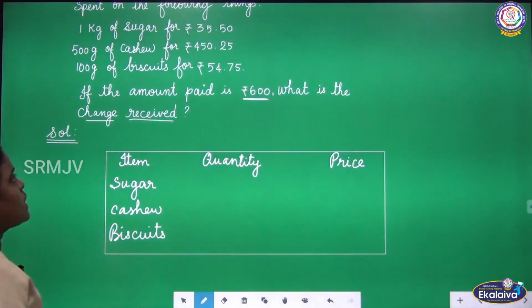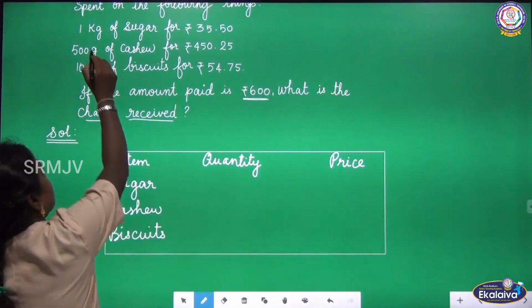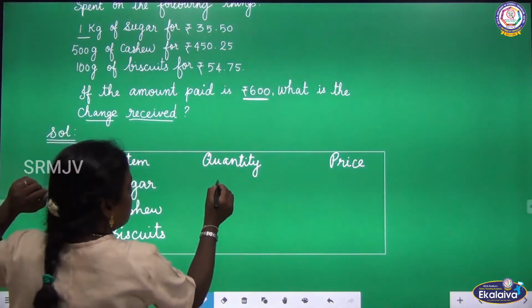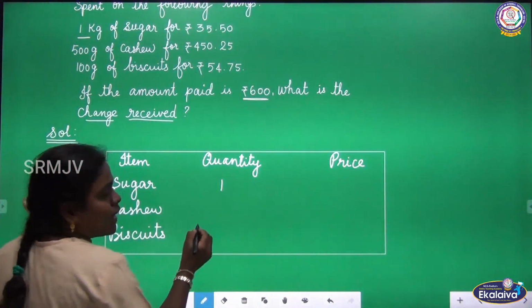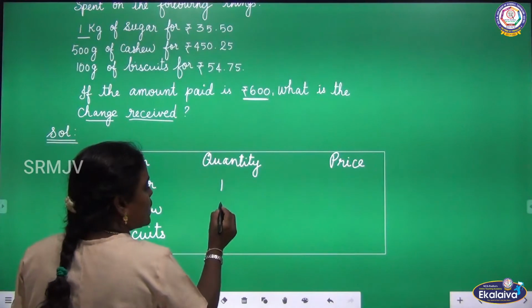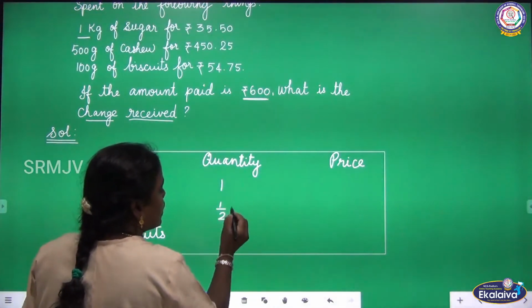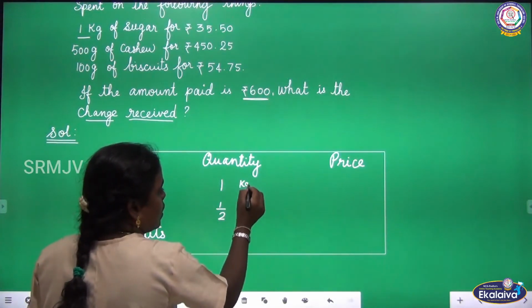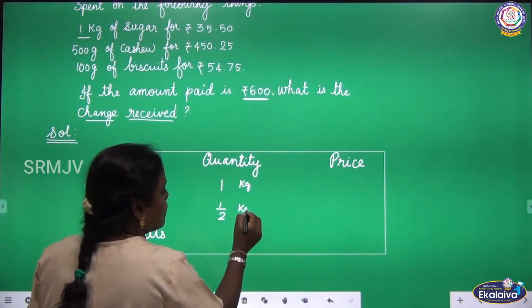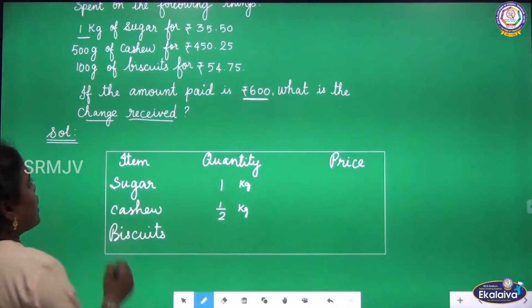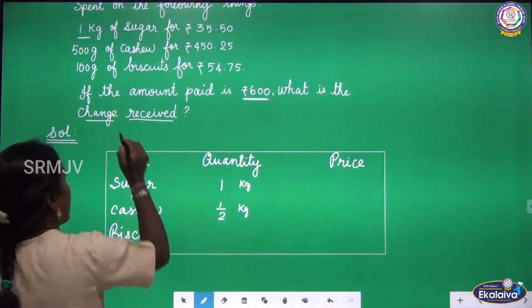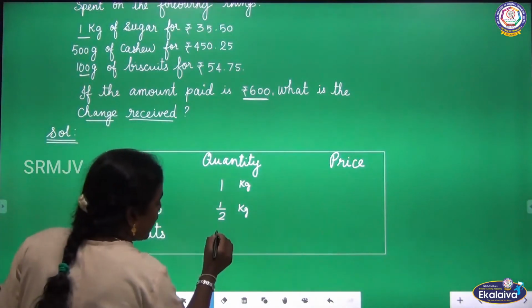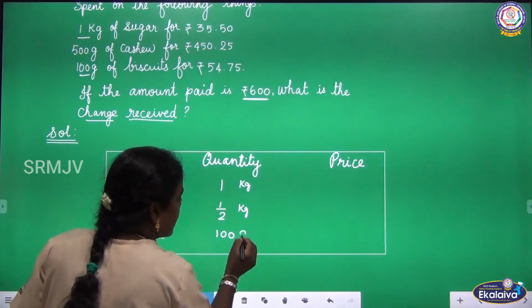So here the quantities are: sugar they bought for 1 kilogram, and cashew for 500 gram. We can write it as half kilogram also. 1 kilogram, half kilogram, and look at the biscuit, quantity of biscuit, it is 100 gram. So write 100 gram.